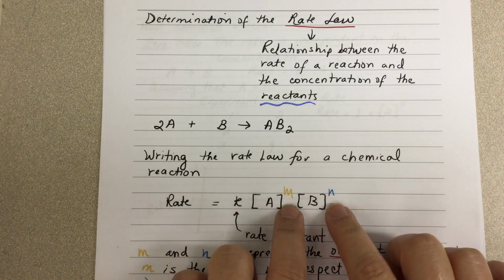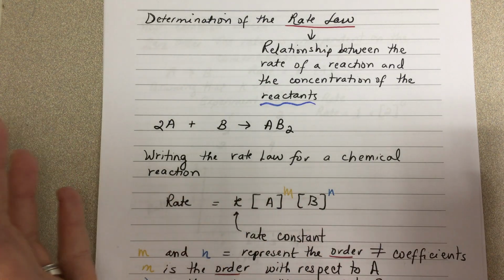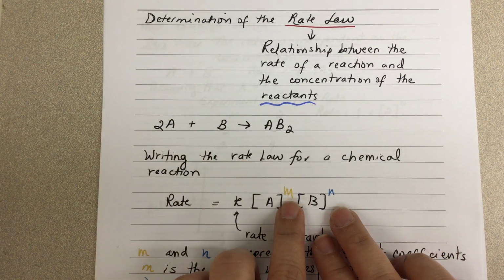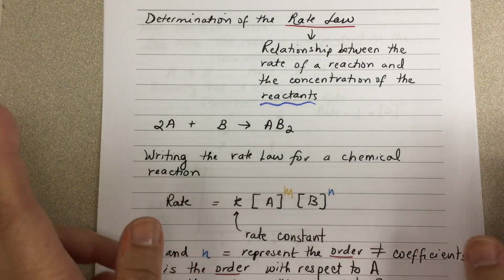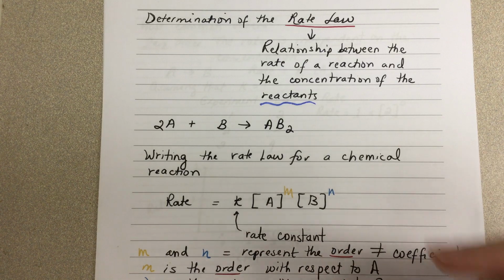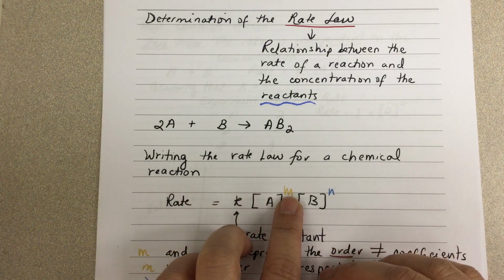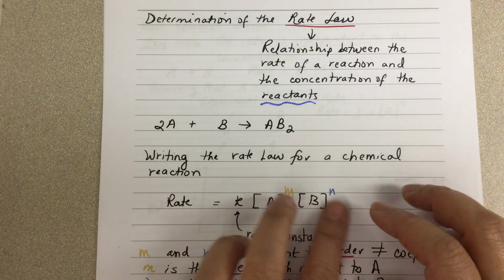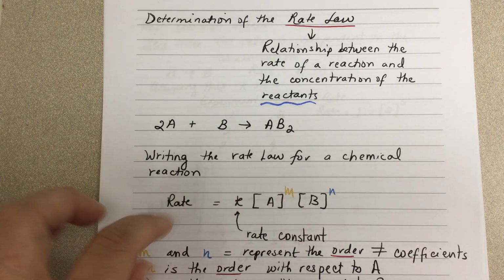Now, I have an exponent here, and I'm using just a letter, but those letters are going to be replaced by actual numbers. Those exponents are the order, and that exponent is going to determine how much of A you have, how much of B you have.